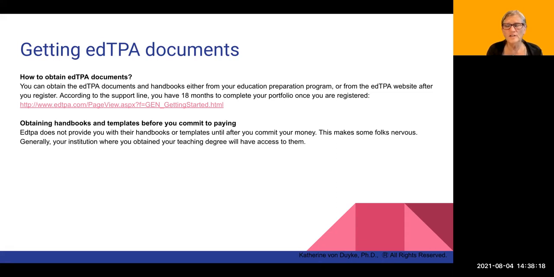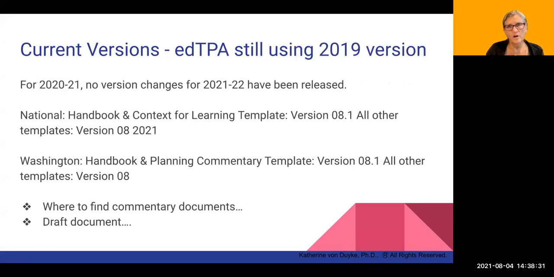And sometimes you can just put EdTPA commentaries PDF in Google, and some folks will have posted it somewhere so that you can look at it. The current versions are listed as version 8, 2021. They're the same thing that was in 2018. They really haven't changed.